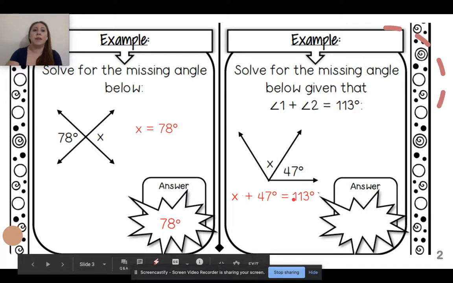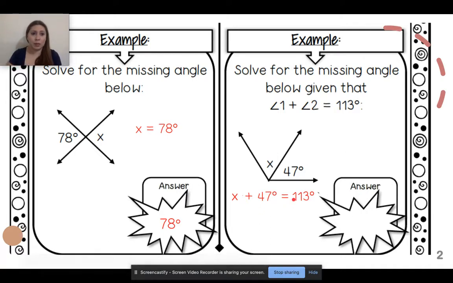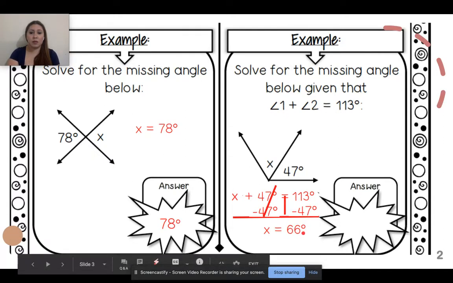Now, think back. This is a one-step equation. How can I figure out what X is since I have this plus 47 here? I can get rid of this 47. It's positive, so I want to do the opposite. I'm going to subtract 47 from both sides because whatever I do to one side, I have to do to the other. So X equals 113 minus 47, which gives me 66.